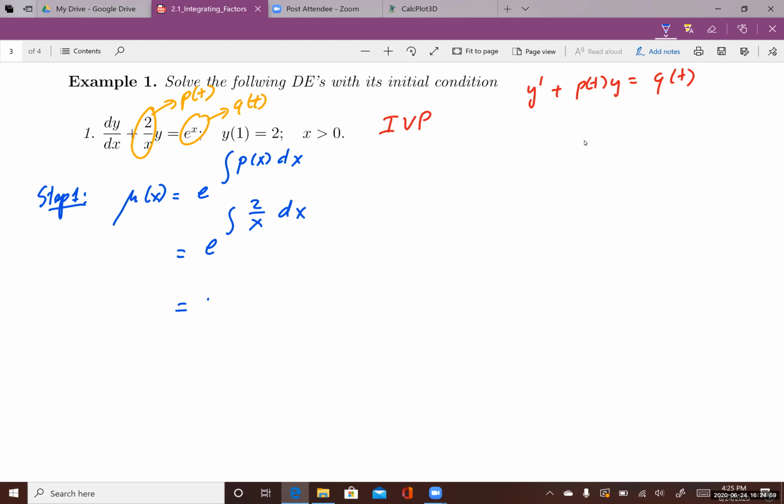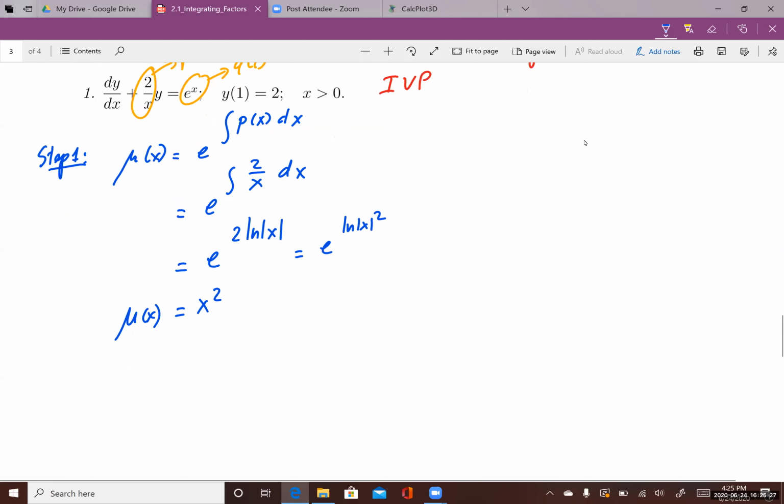In calculus 2, we know that it is 2 natural log of x. In this step, you assume the constant is 0. Then you can simplify this: it equals e to the natural log of x squared, which is just x squared. So mu of x equals x squared.